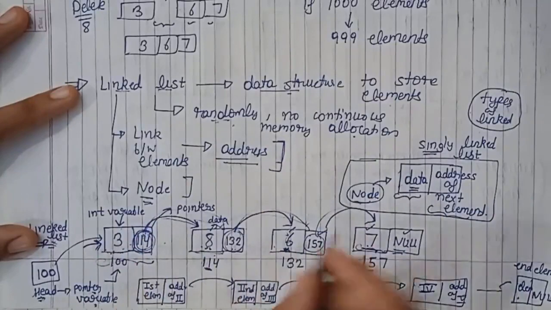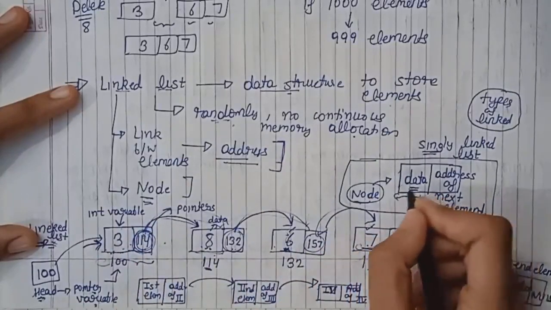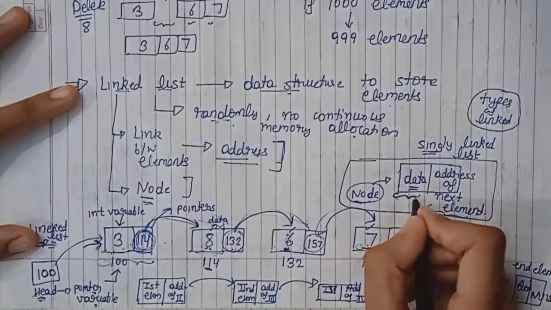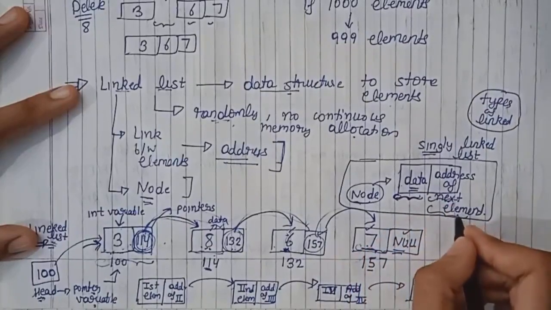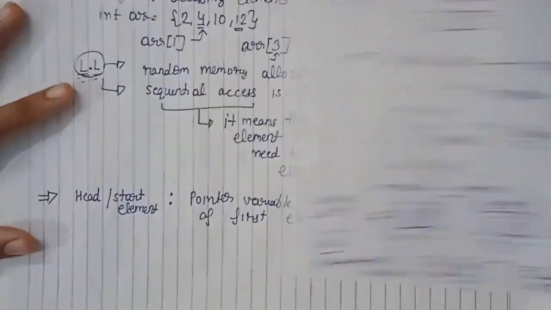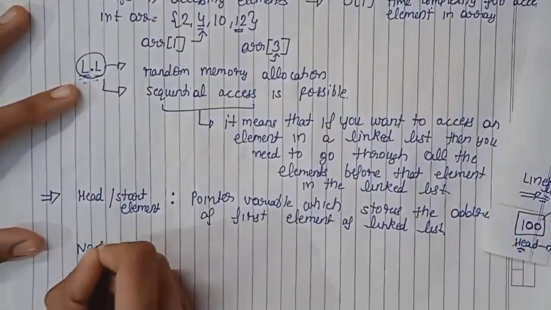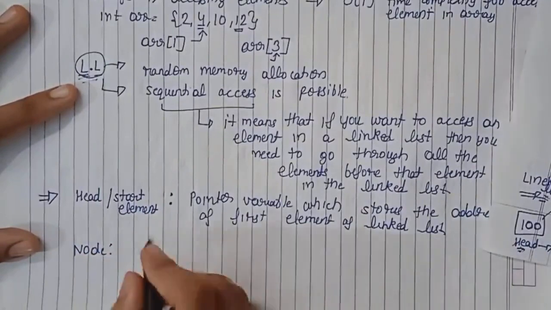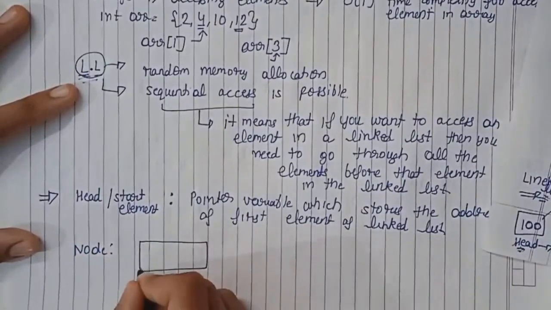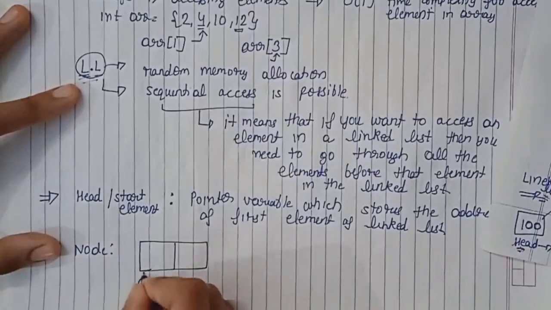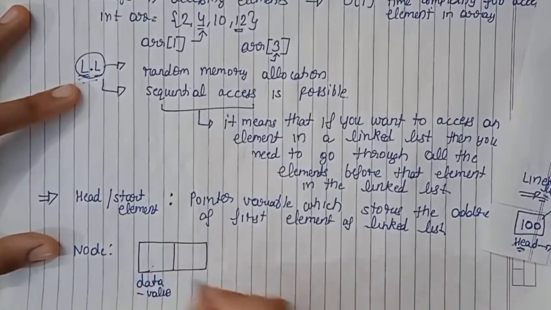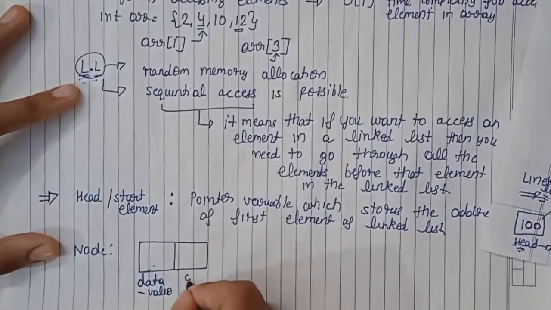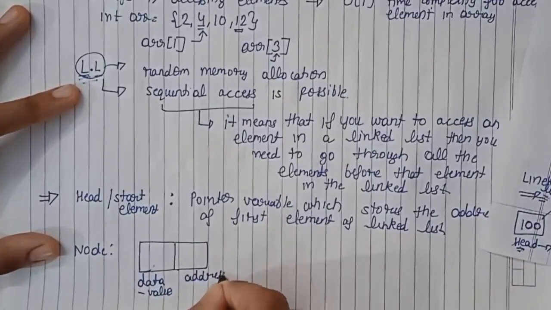As I have told you, a node is basically a structure where we store the data, and along with the data we store the address of the next element. So the node is the basic unit of a linked list, where we store the data value in the first box, and in the other box we store the address of the next element.